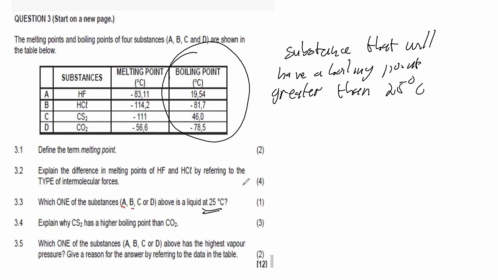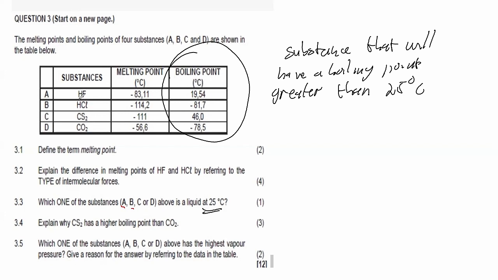So now, in order for that substance to be a liquid at 25 degrees Celsius, that means it has to have reached its boiling point at a temperature that is greater than 25 degrees Celsius. Right. So that means we can now scale down our investigation only to the boiling point here.